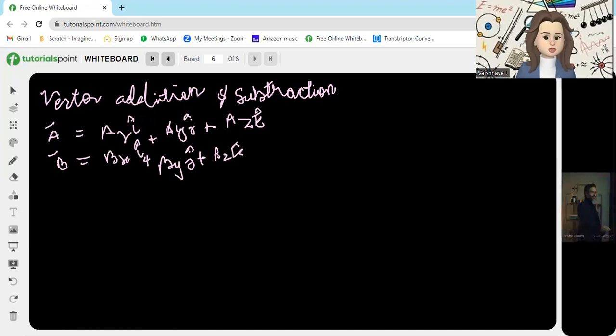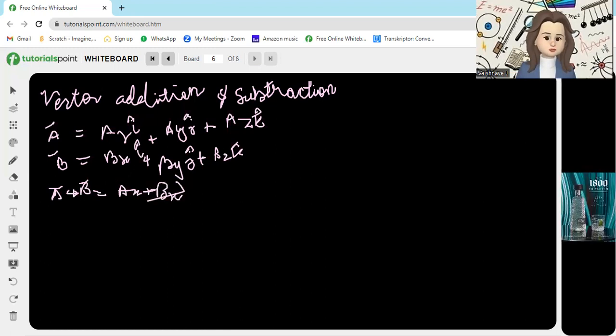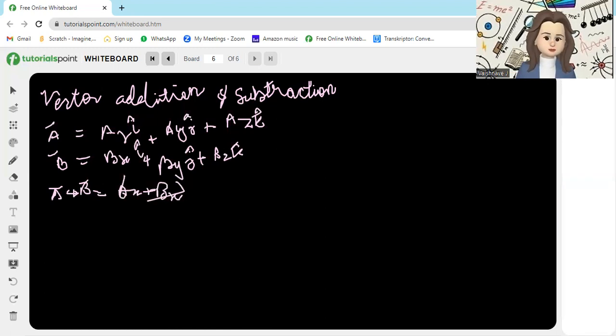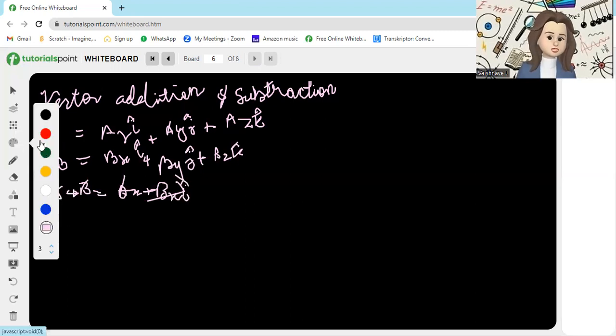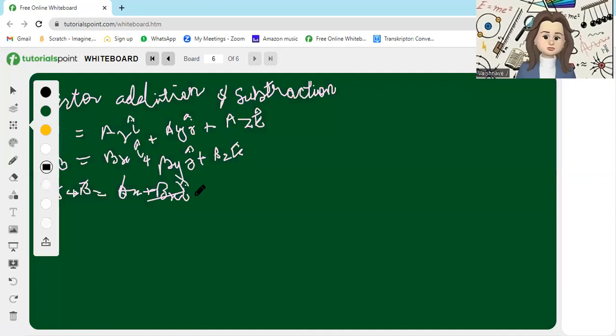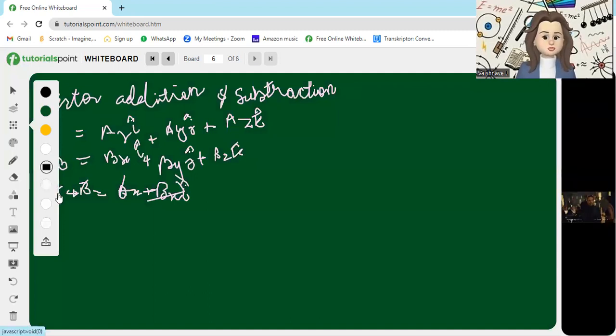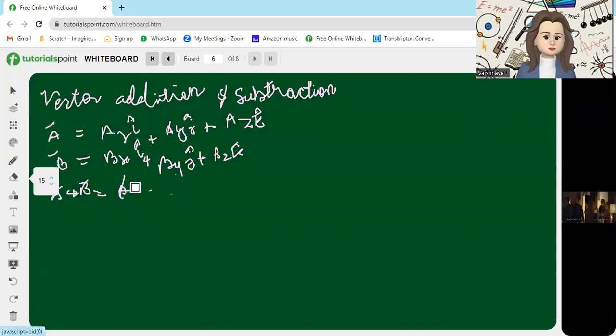if you want to add A bar plus B bar, the formula is simple. You'll add the terms, which is Ax plus Bx whole i cap. It's better if I change the color, students. I can't see. Fine. I'll just write this again.